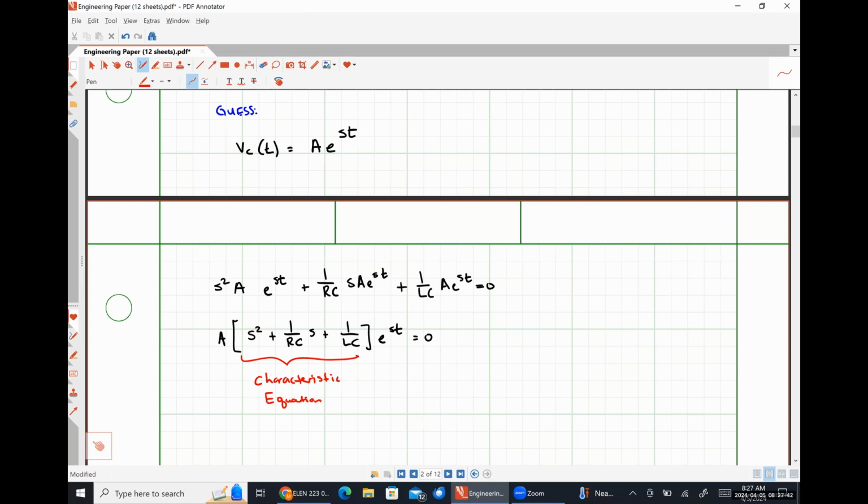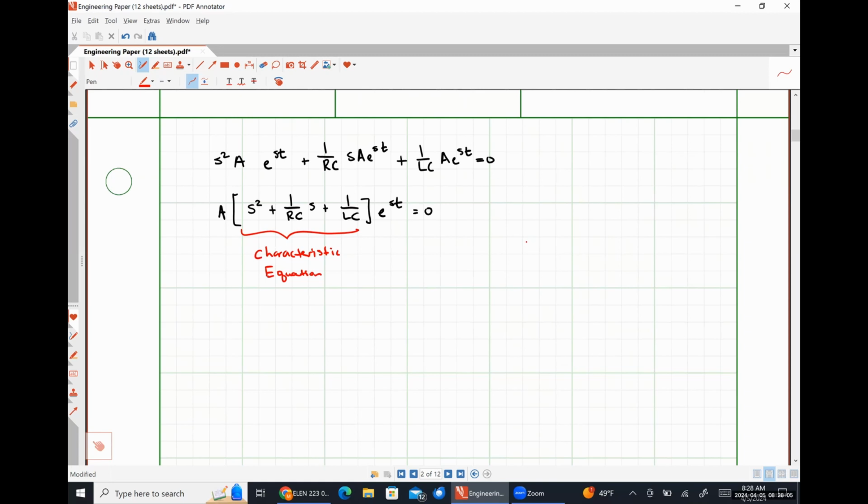Now, in Circuits 1, it was kind of easy because it was just a first order polynomial. Well, here we have a second order polynomial, commonly called a quadratic equation. So we're going to pull out our 8th grade math, and we are going to use literally the quadratic formula in order to figure out what values of s make this thing 0, right?